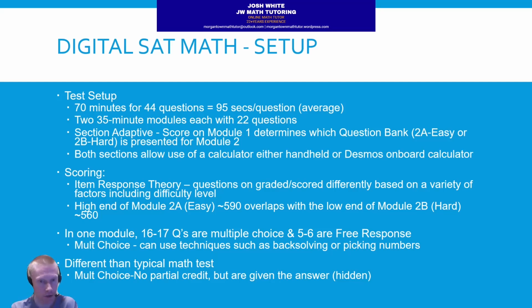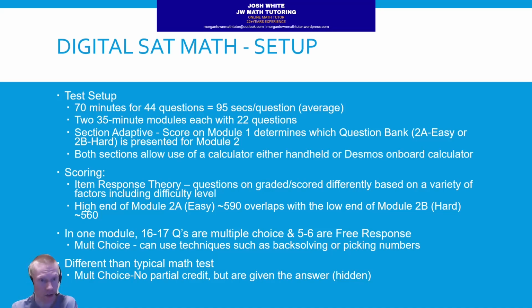Now, in terms of the scoring, basically the digital SAT is scored using something called item response theory. What happens is the questions are graded or scored differently based on a variety of factors, and one of the most important ones is the difficulty level. On the paper-based SAT, essentially each question was worth 1 point, and you just add up your total, and that gets converted into whatever your score is.